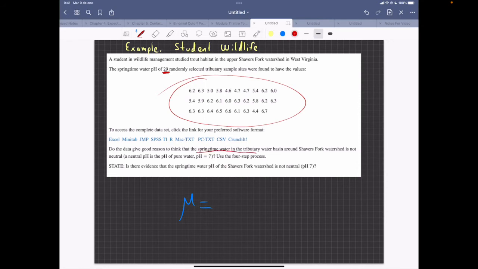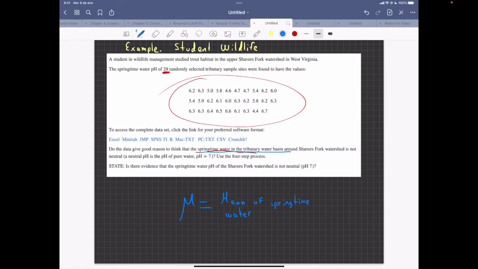Mu is the mean of springtime water pH. Just like that. If you want to write everything, you have to do this, right? So you identify what the parameter is.